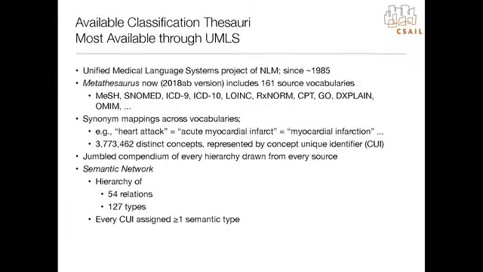So it's not really a thesaurus because it's not completely well integrated, but it does include all of this terminology. And then they spent a lot of both human and machine resources in order to identify cases in which two different expressions from different terminologies really meant the same thing. So for example, myocardial infarction and heart attack really mean exactly the same thing. And in some terminologies, it's called acute myocardial infarction, or acute infarct, or acute, whatever.